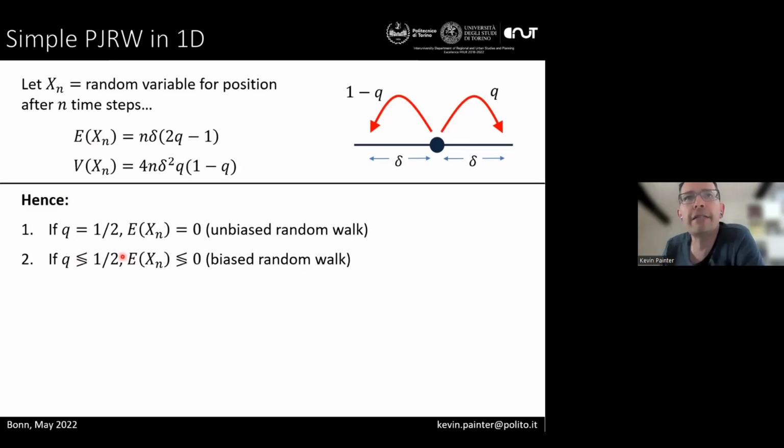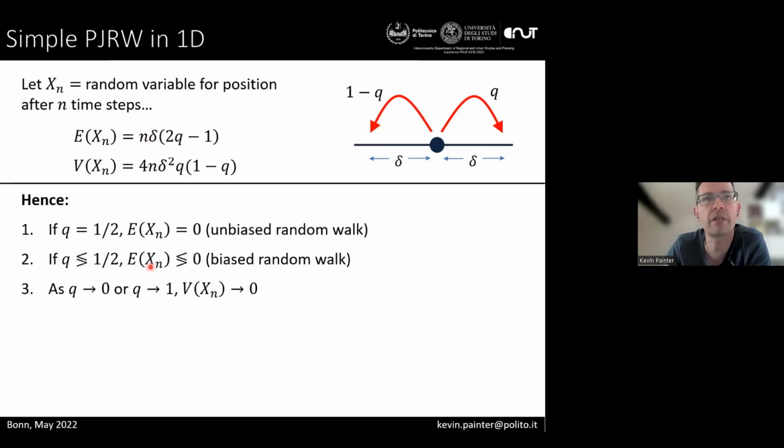If q is greater than 1/2, then of course the expected location is now going to be to the right. We're now going to get a general movement towards the right. And similarly, if it's less than 1/2, that expected location is going to be less than 0. So we have this general movement to the left.